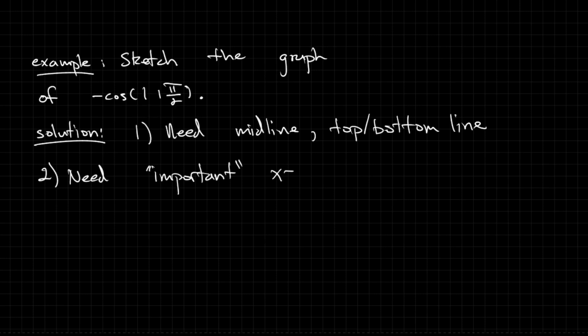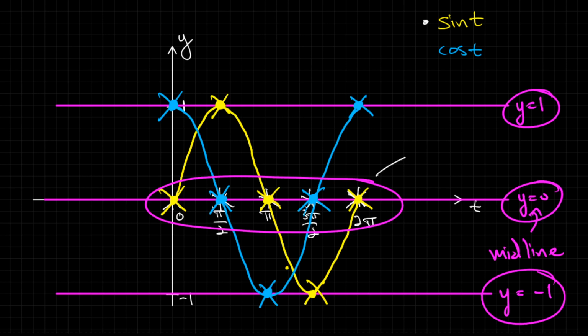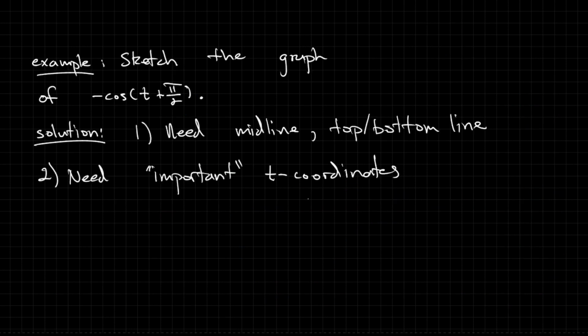So let's put t here, and let's call these important t coordinates. The important t coordinates are these that I've circled here. Then once we get those, we'll sketch the graph.